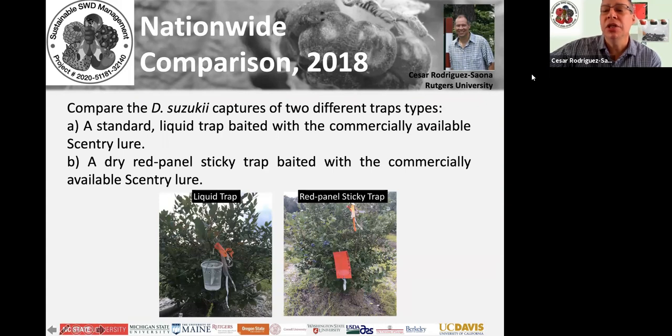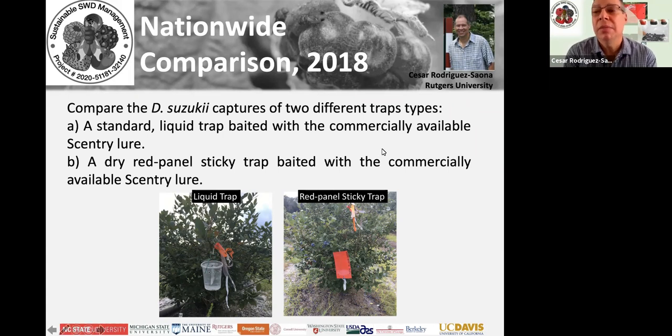So the study I showed you was done in one state, in Michigan, and in few crops. Thus, we wanted to test if these red panel sticky traps can be used in multiple crops and multiple states.